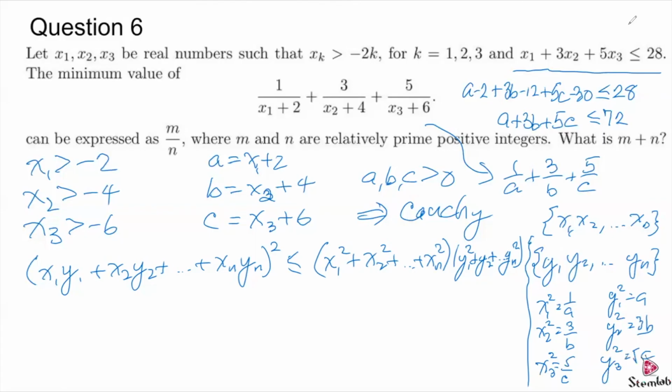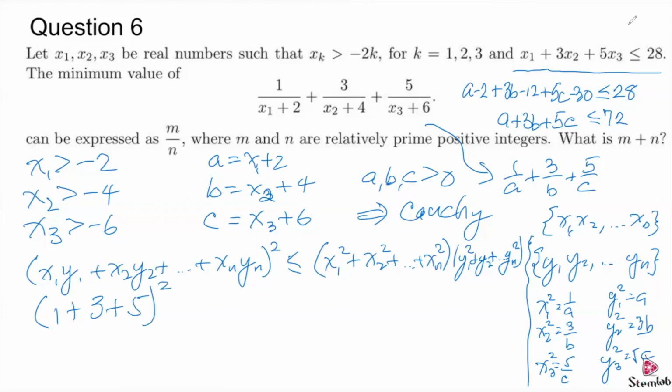Okay. As you can see, if we multiply x sub 1 squared by y sub 1 squared, we get 1. We take the square root, we end up with 1. Plus x sub 2 squared times y sub 2 squared gives us a 9, but we want x sub 2, y sub 2, so that's a 3. We only have 3 terms, so for us, it will end at the third one. x sub 3 squared, y sub 3 squared is 25, but we want just x sub 3, y sub 3, so that's 5.